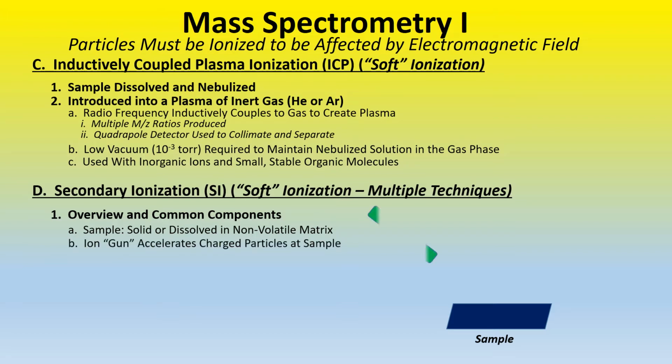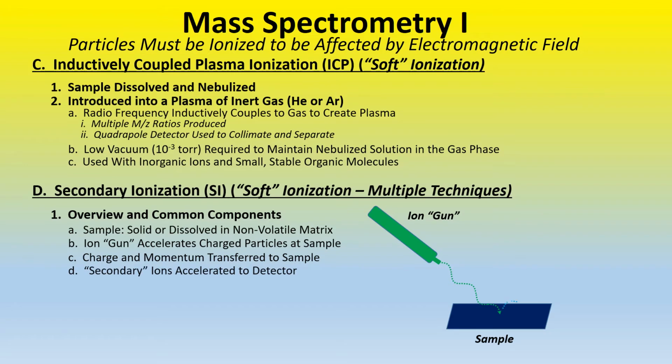Some sort of ion source, or an ion gun, accelerates a stream of charged particles at the sample. In this case, you are not only transferring charge, you are also transferring momentum, as sample cations are now ablated off the sample.